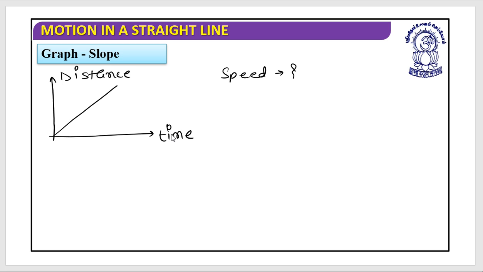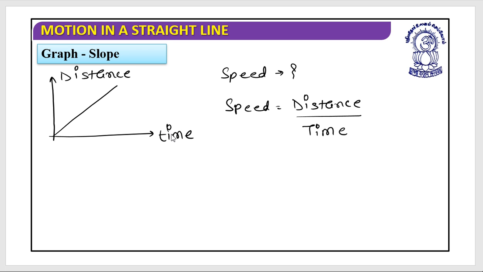So first tell me, do you have any relation which can relate speed, distance and time? Do you have any formula? Yes, you can say, sir, speed must be equal to distance divided by time.